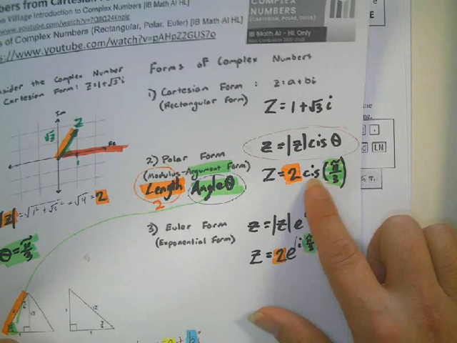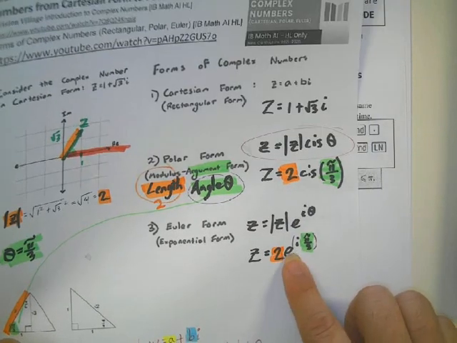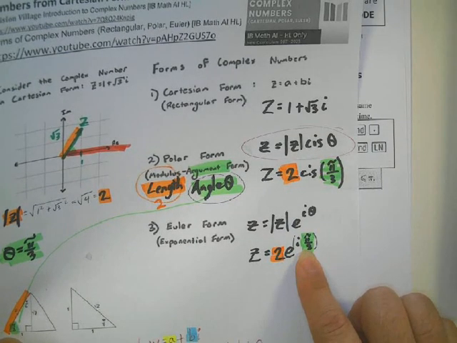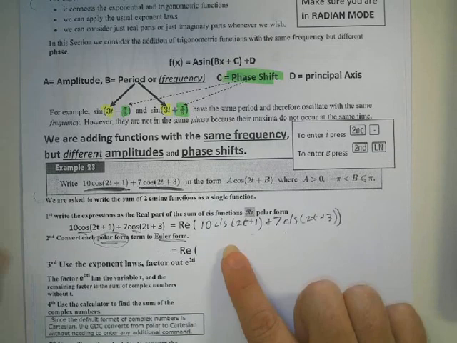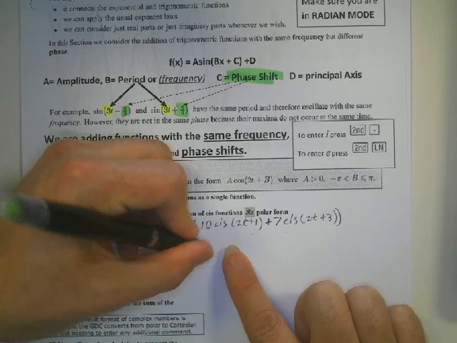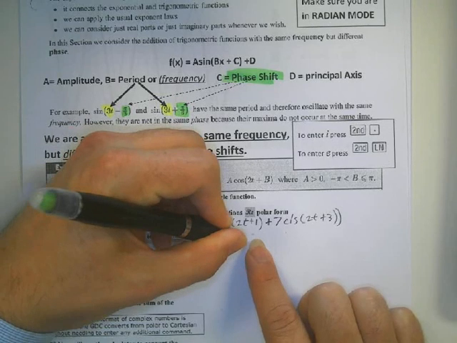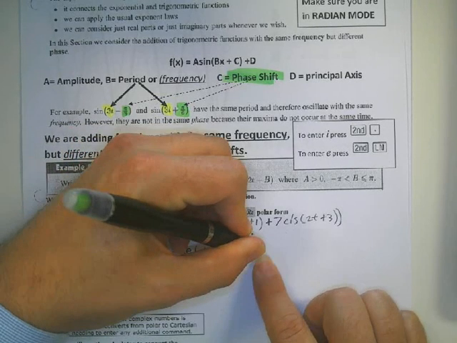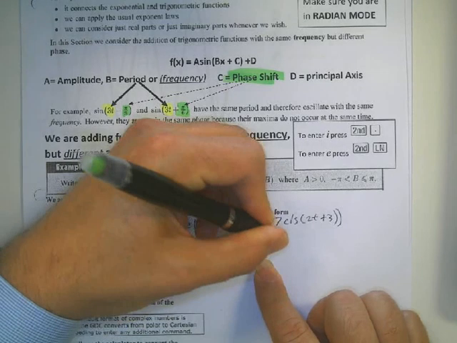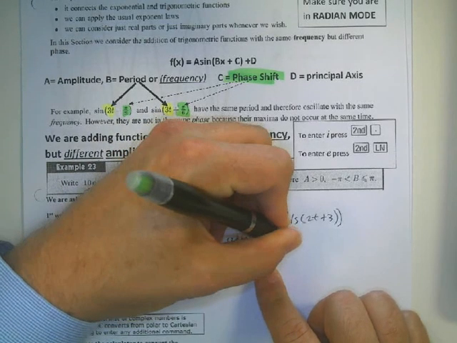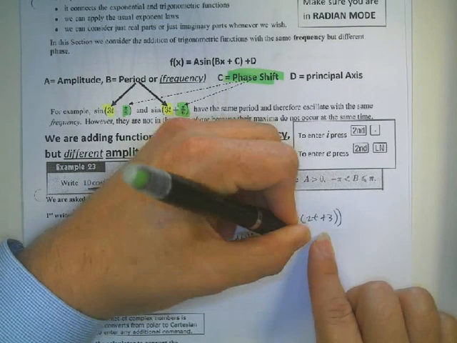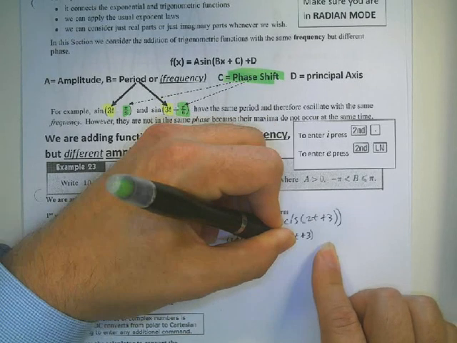And then instead of writing cis of the angle, I'm going to write e to that power times i. So I'm writing this in Euler form: 10 e to the (2t plus 1)i plus 7 e to the (2t plus 3)i.